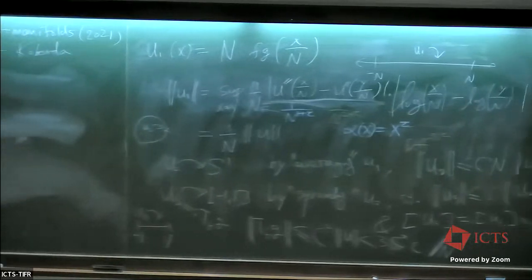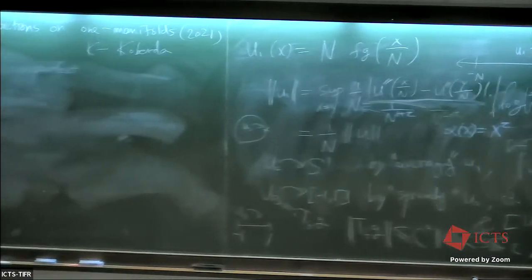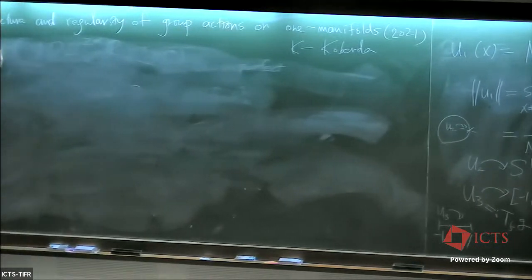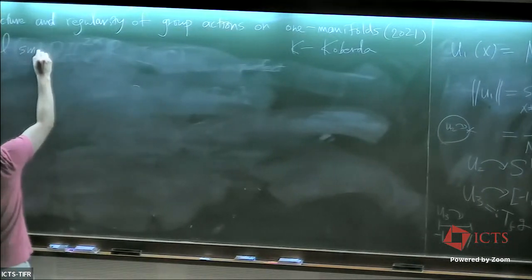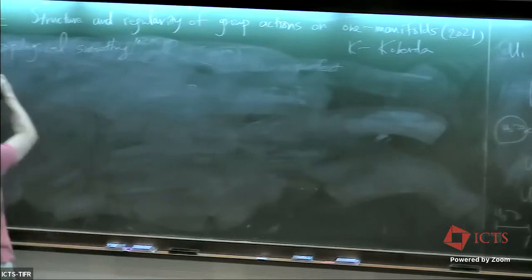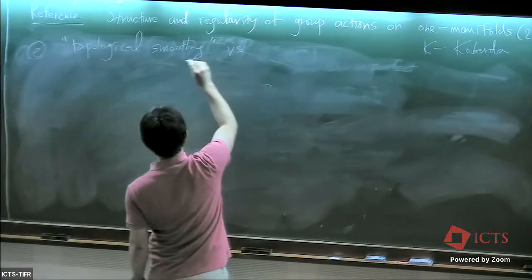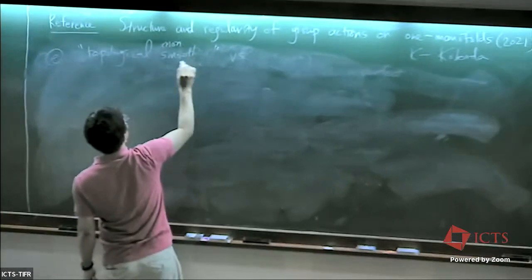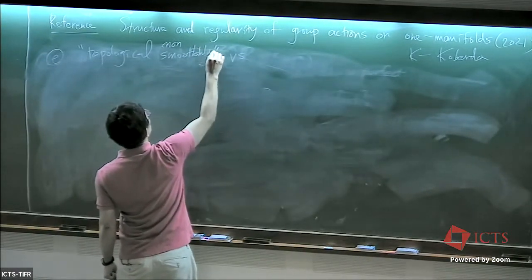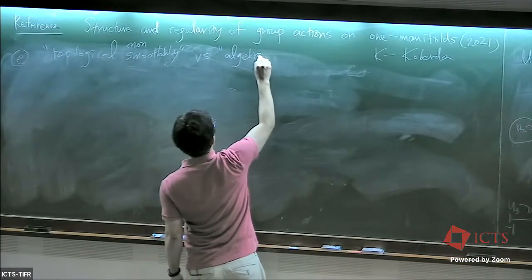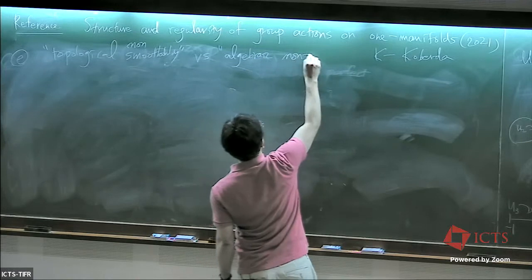But this kind of phenomenon is called topological smoothing. And what we are aiming to prove is something stronger: the topological non-smoothability, and actually we are trying to prove algebraic non-smoothability.